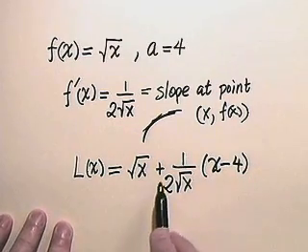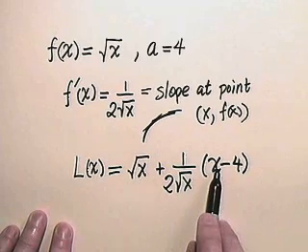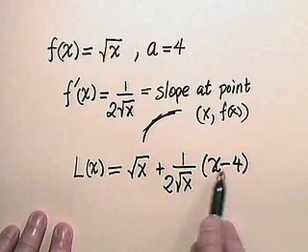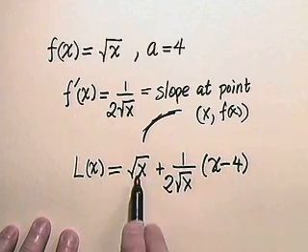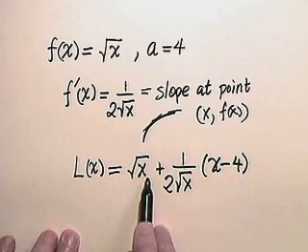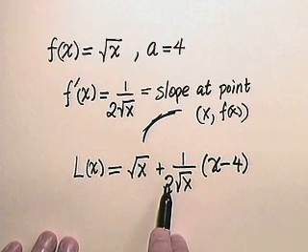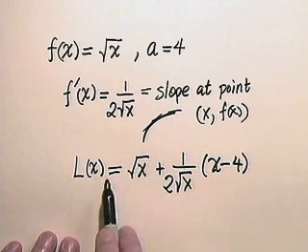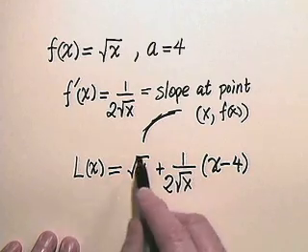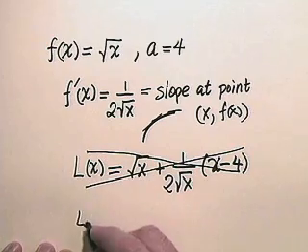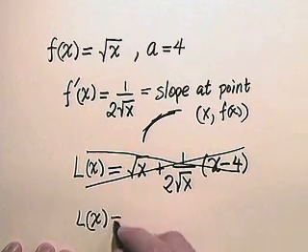Now, this is not the linearization of this function at x equal 4, a equal 4, and this kind of thing is certain to cause your teacher to mark your paper wrong. So be aware. This is, or I should say, nonsense.